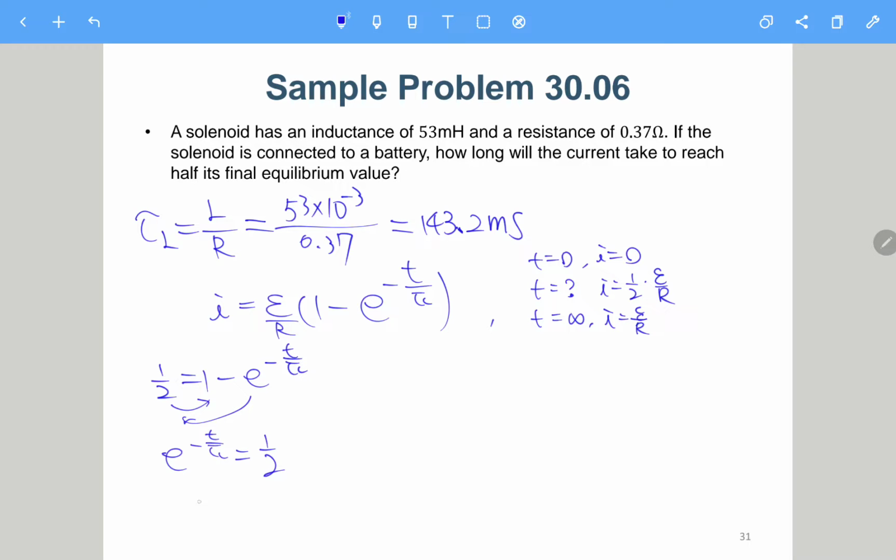Then we take the reciprocal, so exponential to t over tau L equals 2.